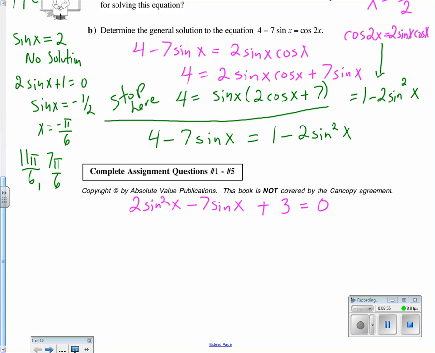So now I'm left with something I can factor: two numbers that multiply to positive 6, but add to negative 7. What are those? And now I'm into factoring formats I feel pretty comfortable with, except that 7 should be a 6.